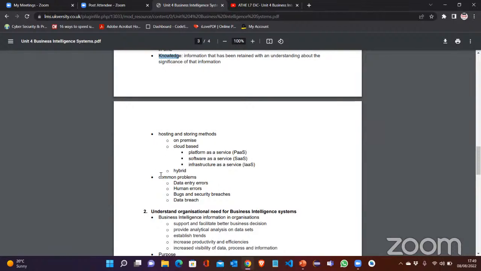Then we'll conclude with the common problems which might occur, such as data entry errors, human errors, bugs, security breach and data breach.